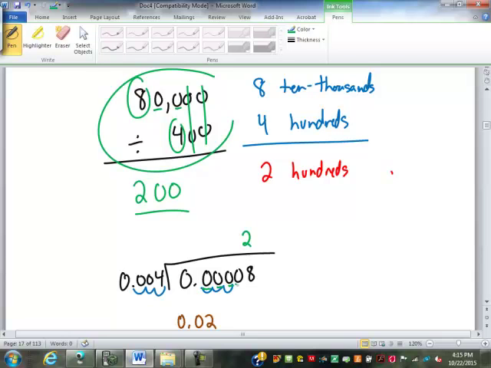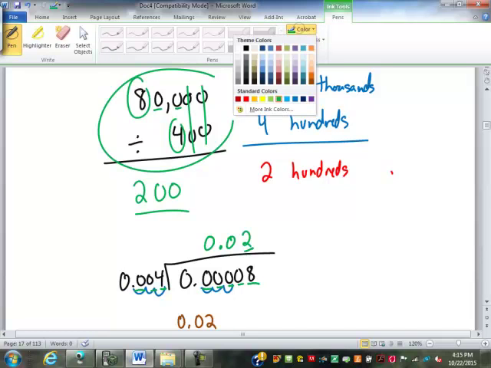There's 1, 2, 3, 4, 5 decimal places. Here's 3. 5 minus 3 is 2. 2 decimal places in our answer. Now this only works if they divide out evenly, like 8 divided by 4 is 2. So it's a very limited shortcut. But you can see those patterns. Just like we subtract or cancel out the zeros, we can subtract or cancel out the number of decimal places.